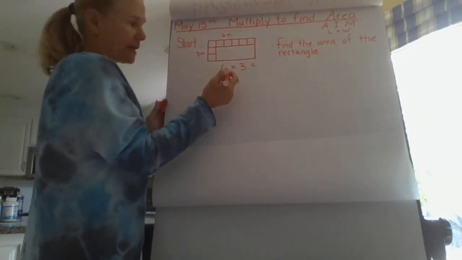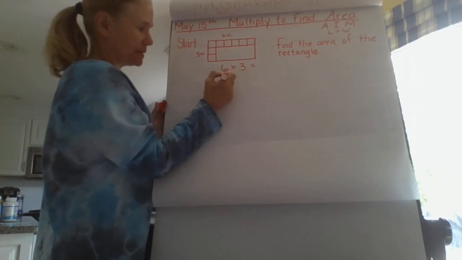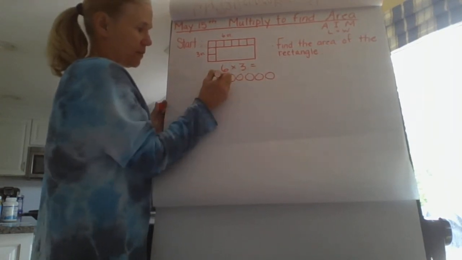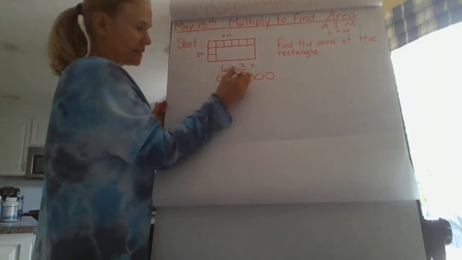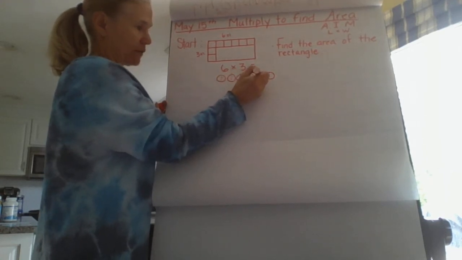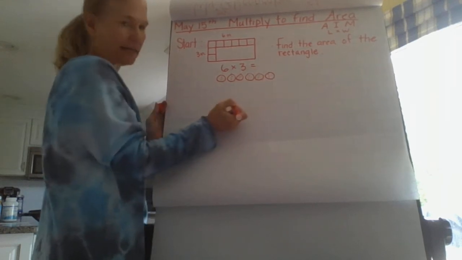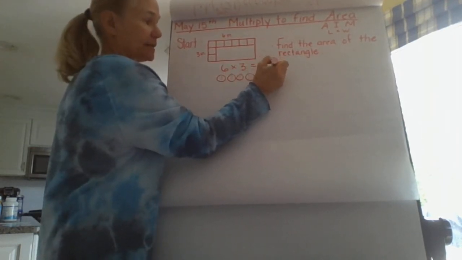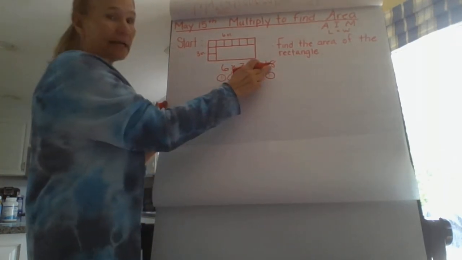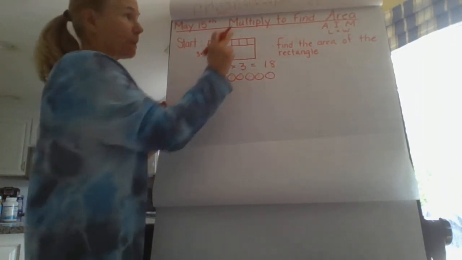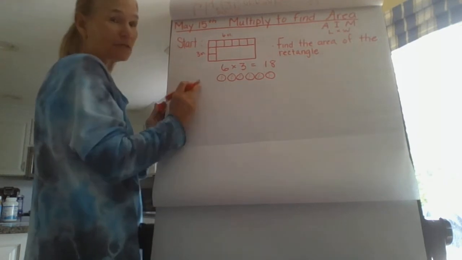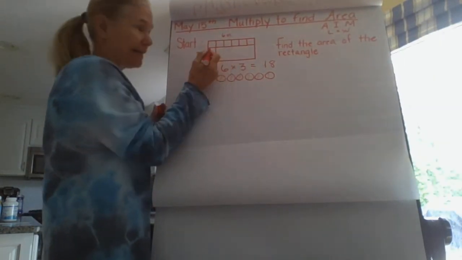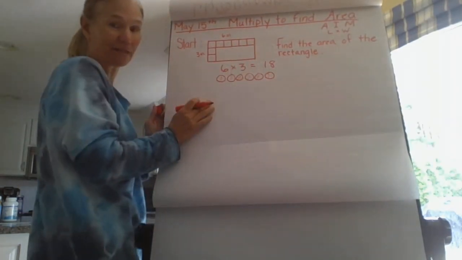So if I find 3 times 6 or 6 times 3, 6 groups, 1, 2, 3, 4, 5, 6, 1, 2, 3, 4, 5, 6, 7, 8, 9, 10, 11, 12, 13, 14, 15, 16, 17, 18. Anyway, I want to do my multiplication. 6 times 3 is going to give me 18. Area is not just 18. Remember, area is in square inches because I am counting all the square units that make up the inside of this rectangle.